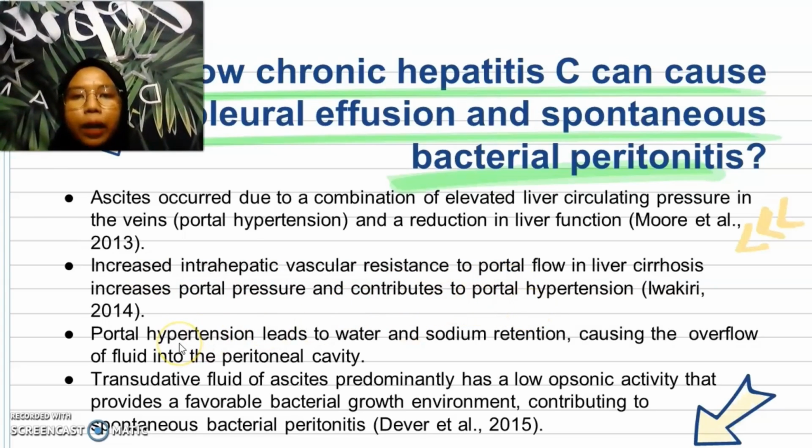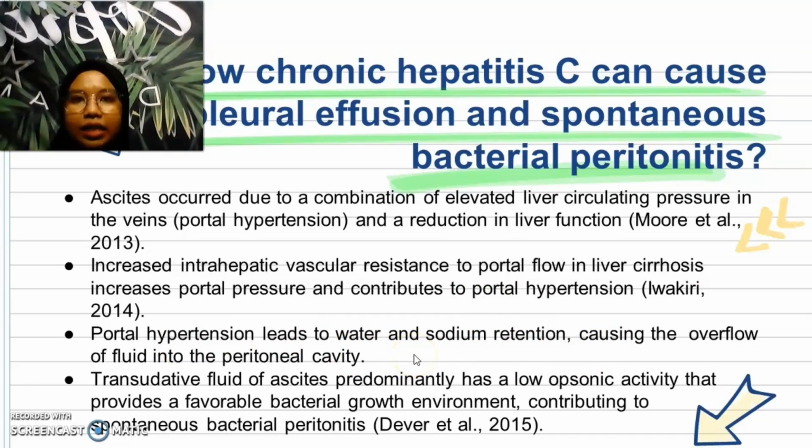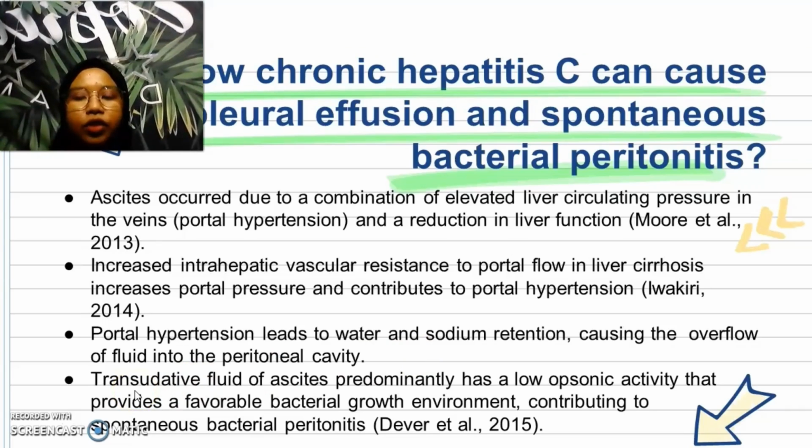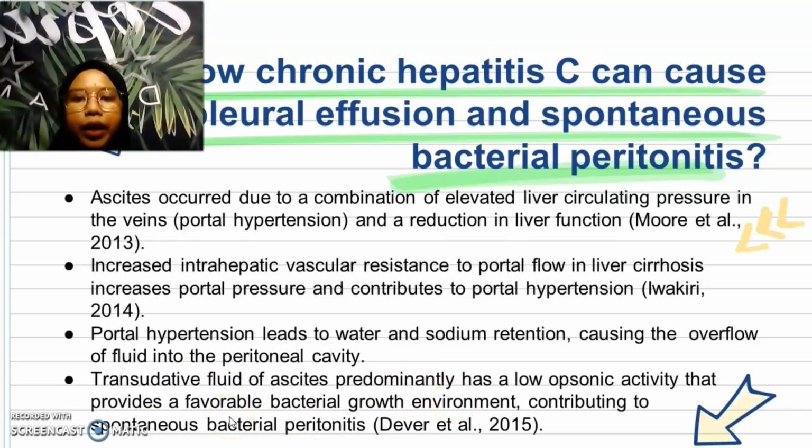Then this portal hypertension will lead to water and sodium retention, which causes the overflow of fluid into the peritoneal cavity, and thus ascites develops. Furthermore, the transudative fluid of ascites predominantly has low opsonic activity, which provides a favorable bacterial growth environment, and this will lead to spontaneous bacterial peritonitis.